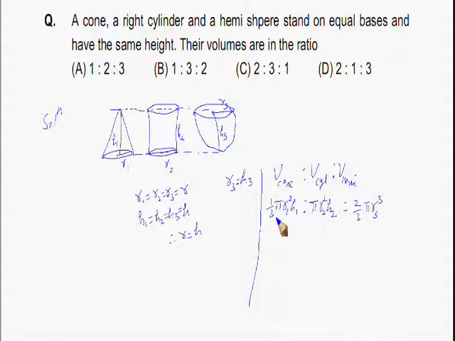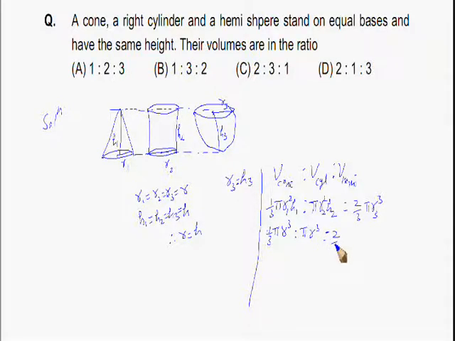As r1, r2, r3, h1, h2, h3 all are equal to r, or you can say h, instead of r1 and h1 we put r here, so we are getting pi r cube upon 3. Instead of r2 and h2 we put r, so we are getting pi r cube.